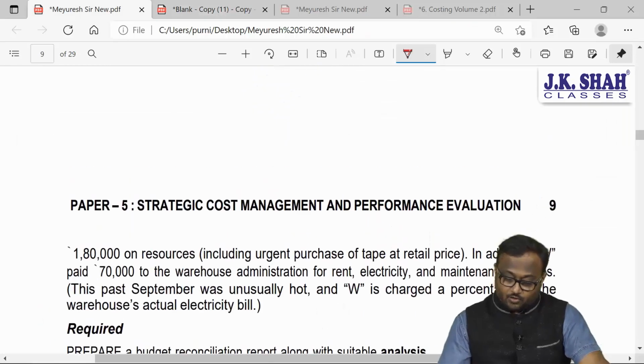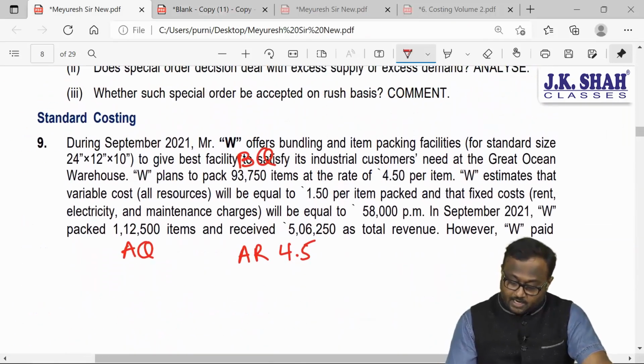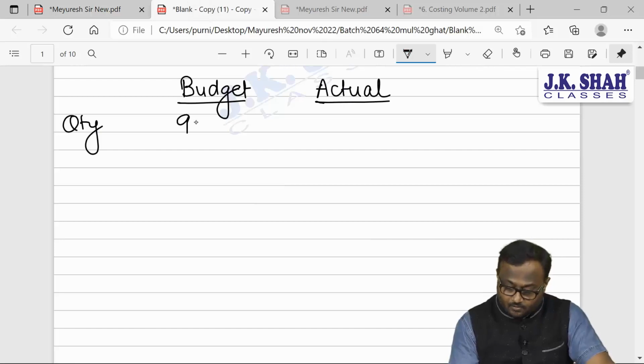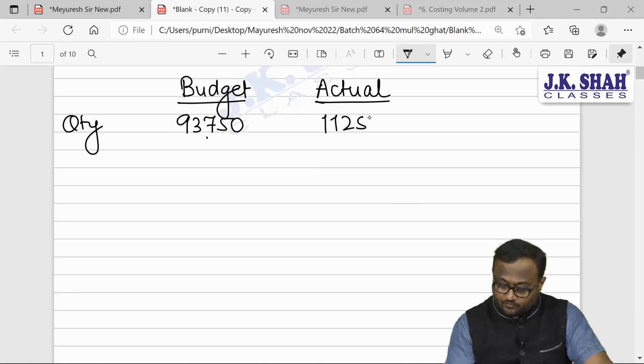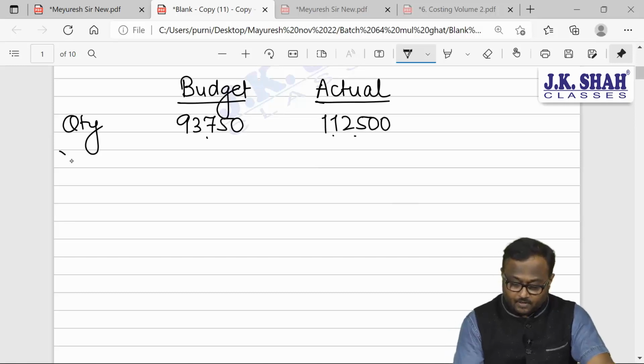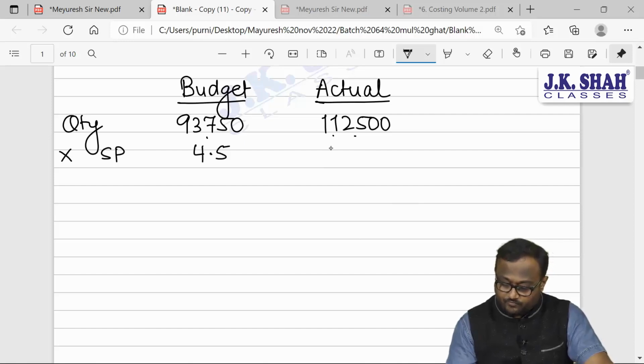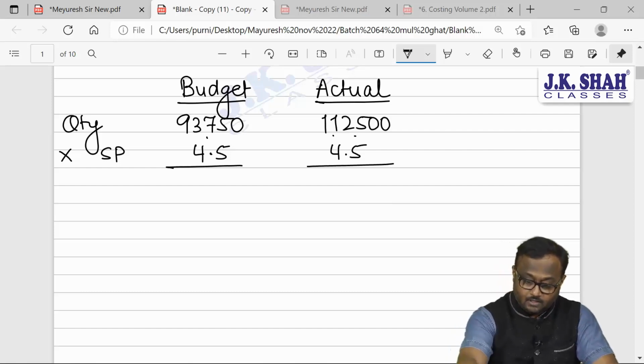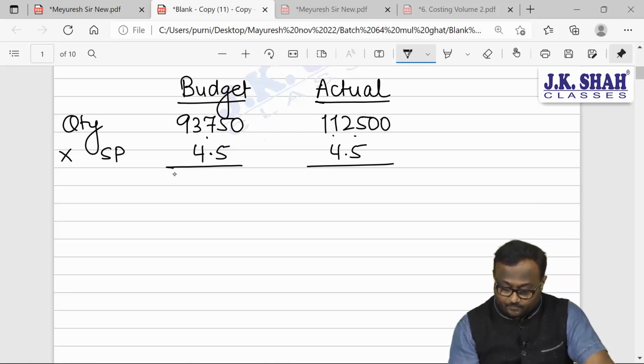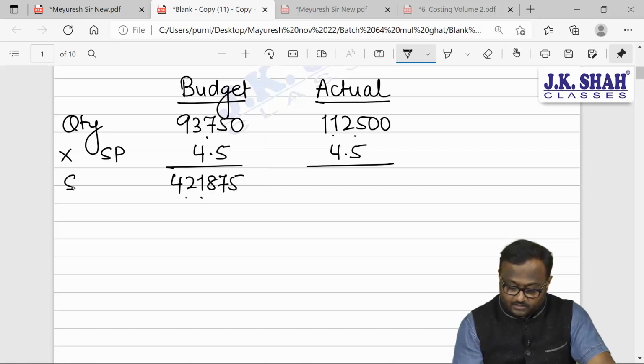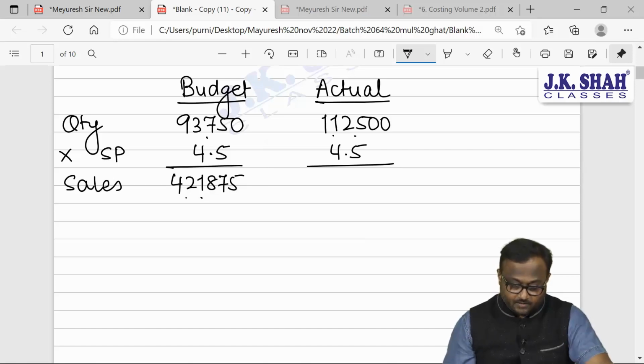How much was your budgeted quantity? 93,750. 93,750 was your budgeted quantity, and 1,12,500 is your actual quantity, multiplied by selling price 4.5, and we calculated even actually is 4.5. So 93,750 multiplied by 4.5, 421,875 is my sales which was expected.